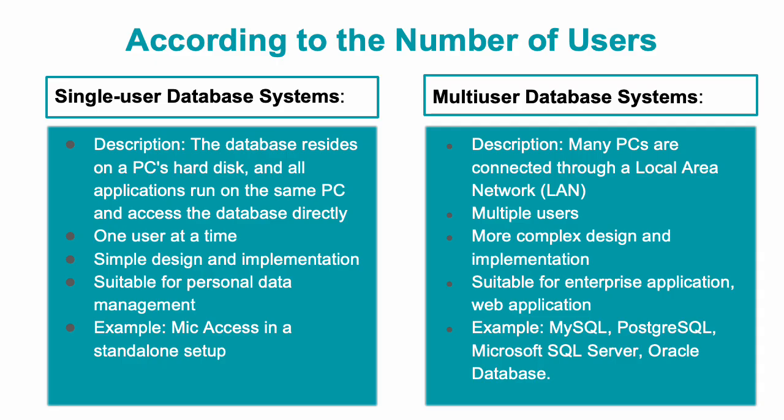It also needs balanced performance across the multiple users, which can be challenging, especially with high numbers of concurrent users. It is suitable for enterprise applications, web applications, and any environment where multiple people need to access and interact with the database at the same time.